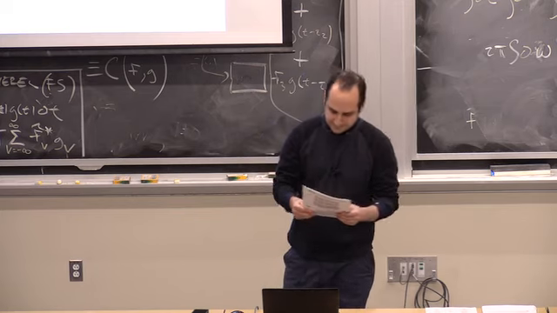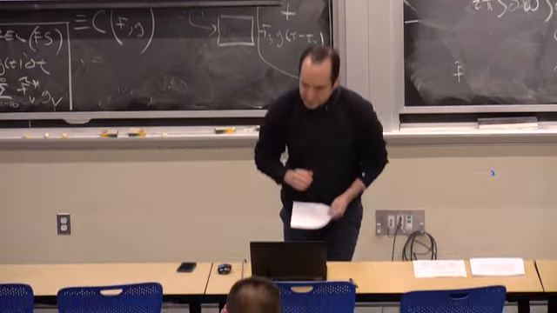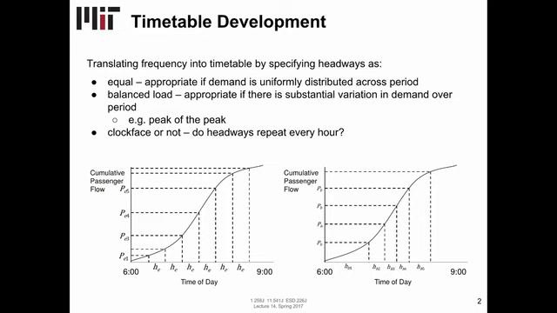So the task of developing the timetable is basically the task of translating frequencies into a timetable. We may all be familiar with what a bus service or a train service timetable is. It basically includes the list of departures and arrivals to different stops by different routes.